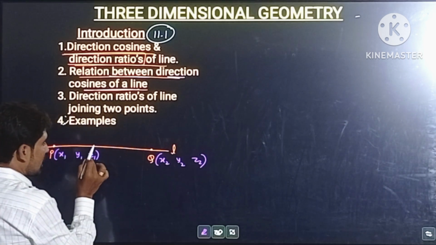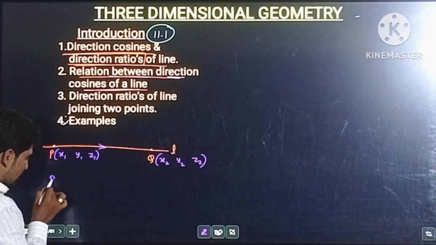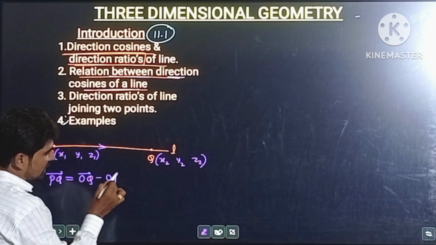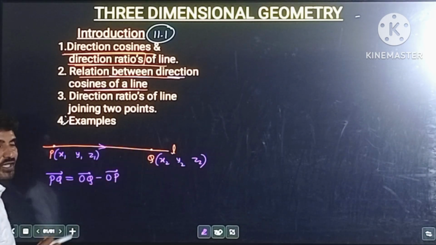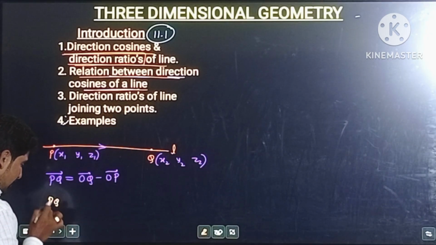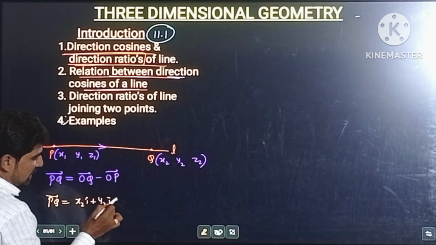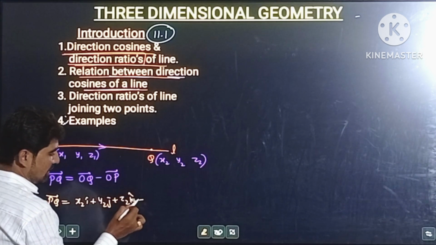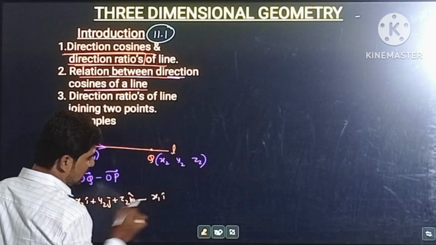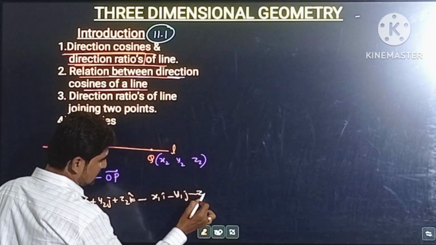As you know, if PQ is a vector joining 2 points P and Q, then PQ vector can be written as OQ vector minus OP vector. OQ vector is the position vector of the point Q, and OP vector is the position vector of the point P. Therefore, PQ vector is x2i plus y2j plus z2k minus x1i plus y1j plus z1k.